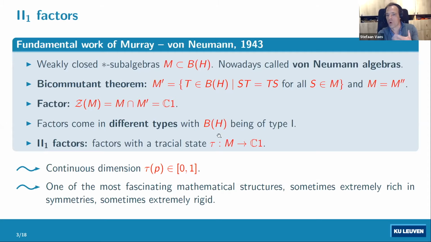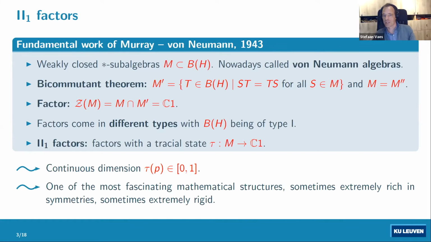Here we will work with normalized traces, and remarkably, the trace of projections in a 2-1 factor ranges over the entire interval 0, 1. So therefore, this wording of continuous dimension.